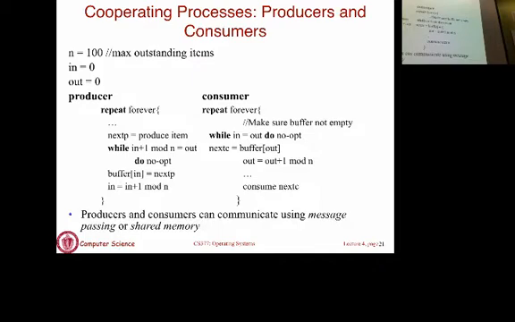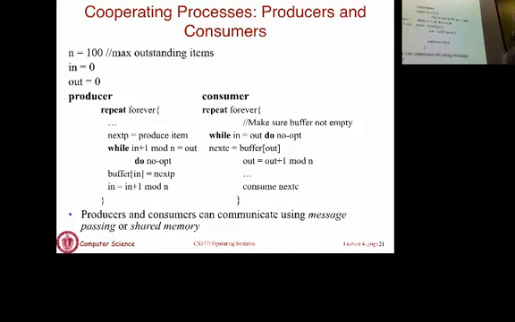So the picture to keep in mind is this one: you have a producer, a buffer, and a consumer, and they are both in an infinite loop doing this repeatedly.